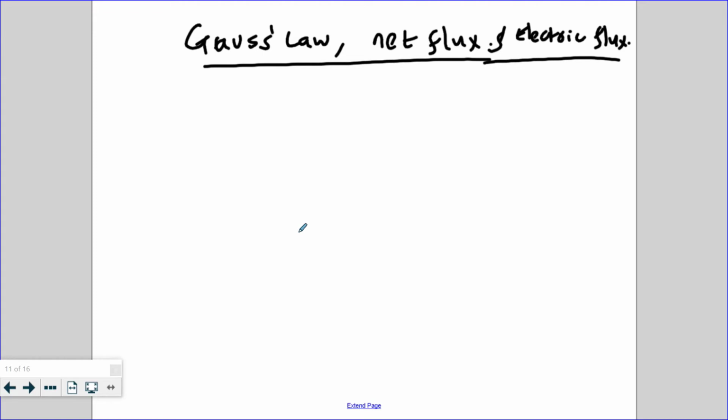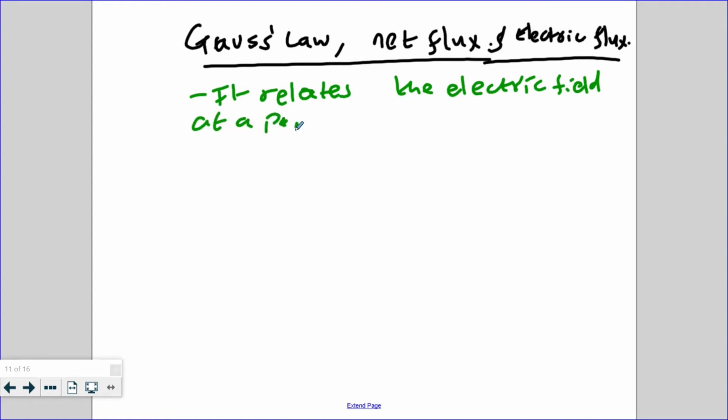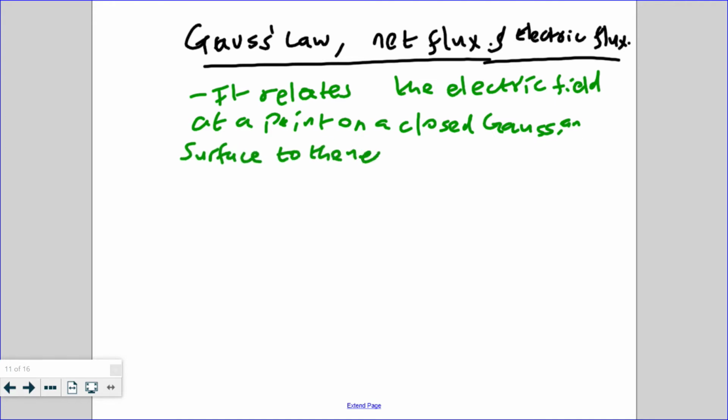When we talk about Gauss's law, we say that it relates the electric field at a point on a closed Gaussian surface with the net charge enclosed by the surface.